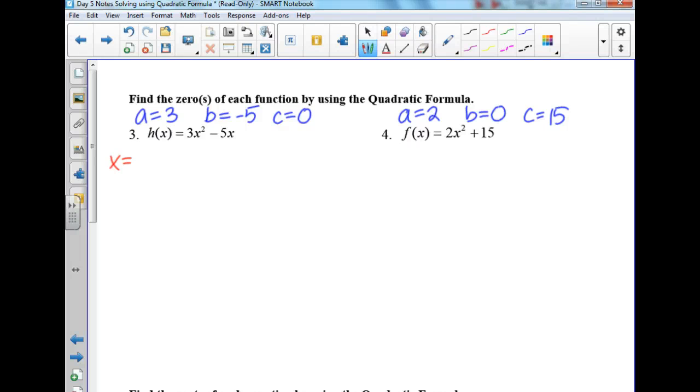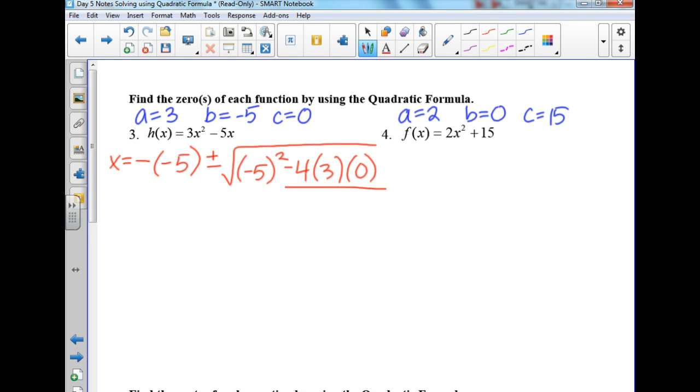So x equals -b, so -5, plus or minus the square root of b squared, -4 times 3 times 0, all over 2 times 3.